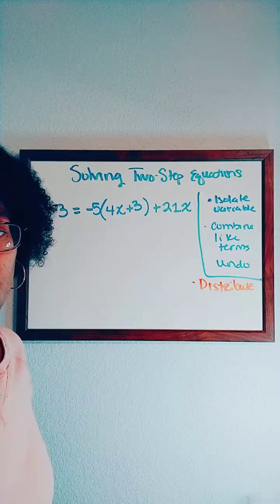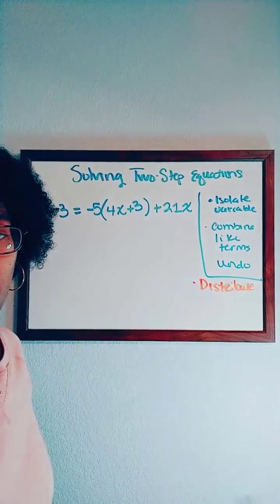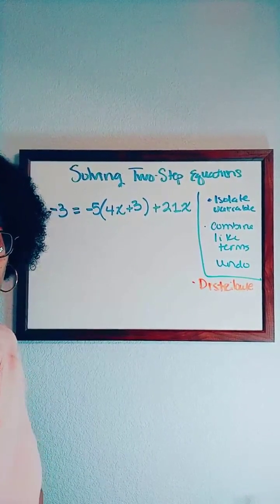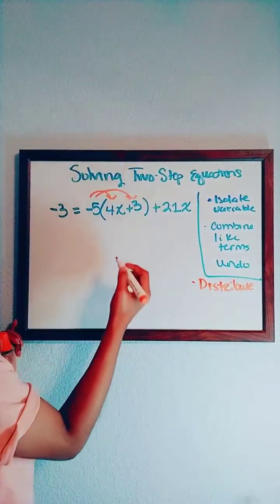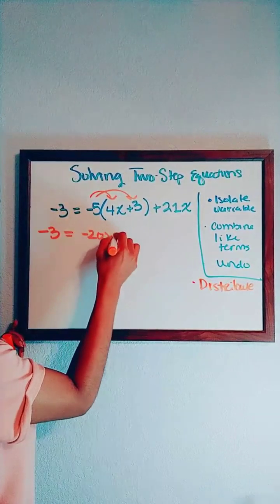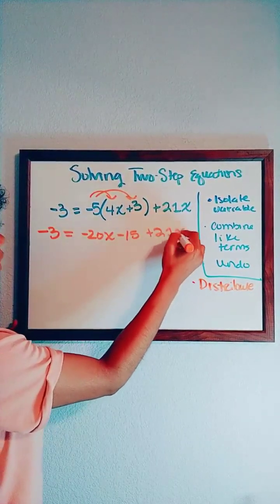Barine Salmon Harbor put it in the chat: the associative property. Okay, so we know that we got to do this first. So negative 5, and that's going to give us negative 3 is equal to negative 20x minus 15 plus 21x.